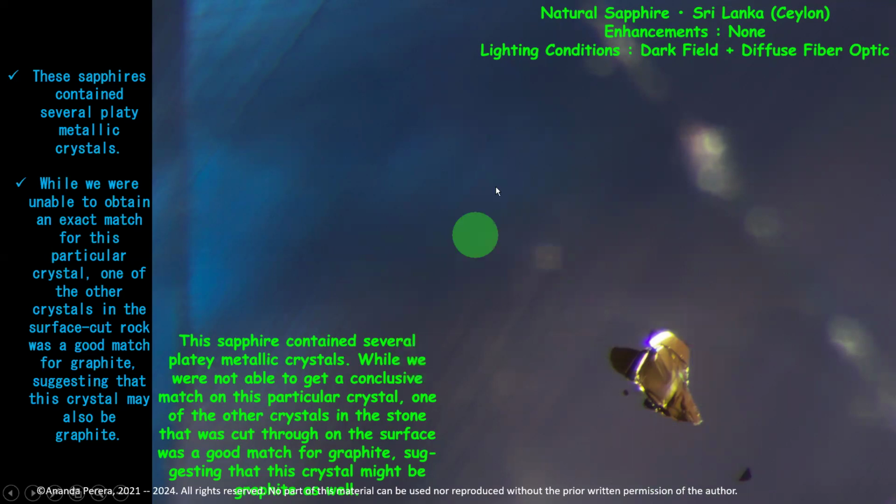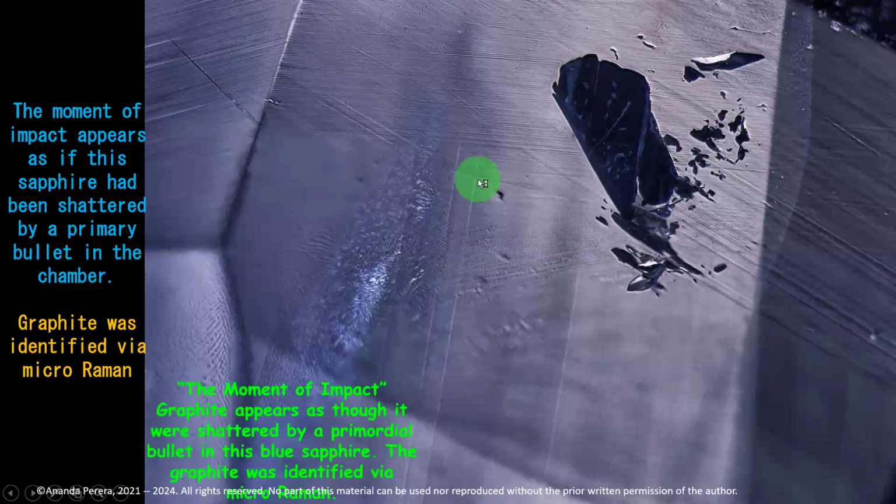These are the parallel lines, not curves. If these lines are curved, we can see it is synthetic. But these are not curved lines, it's a parallel line. So these are not glassy discoids, it is natural. So this is natural sapphire.